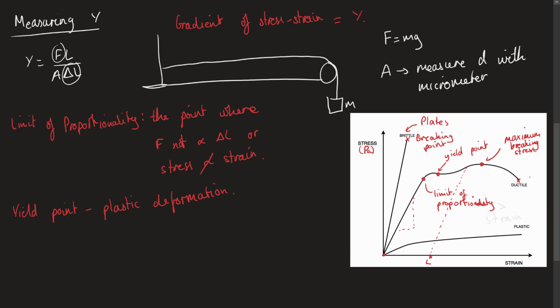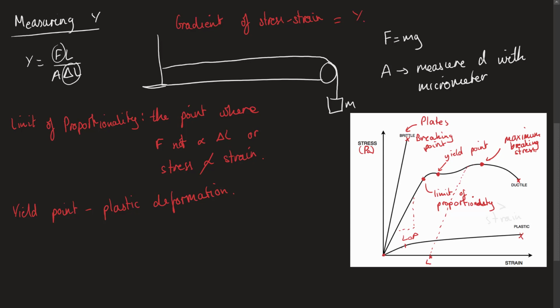Okay. Now the plastic deformation at the bottom here will have most of the same points. It definitely has a breaking point here, and it has a limit of proportionality here, which I'm just going to call limit of proportionality, because you can see here it's directly proportional. After this, it begins to curve and flatten off.